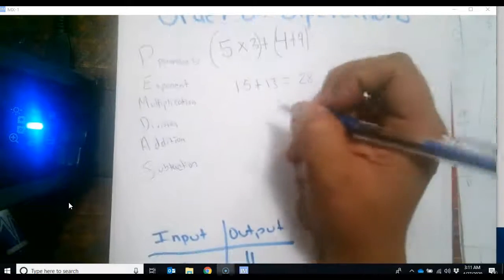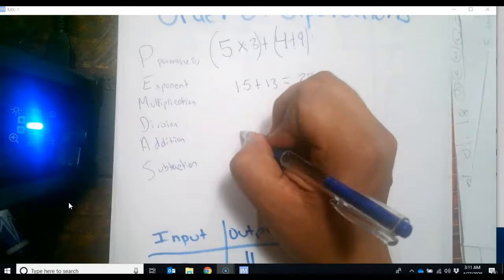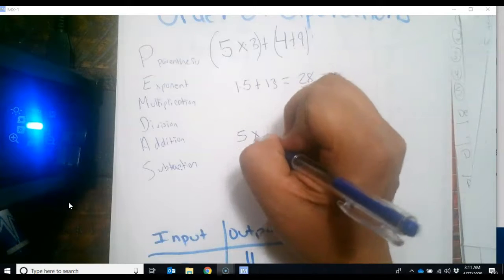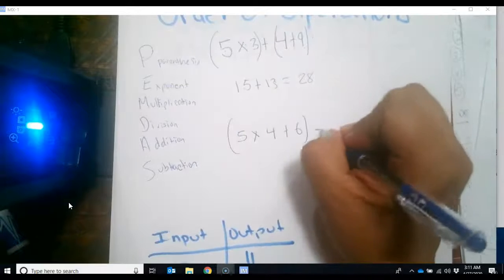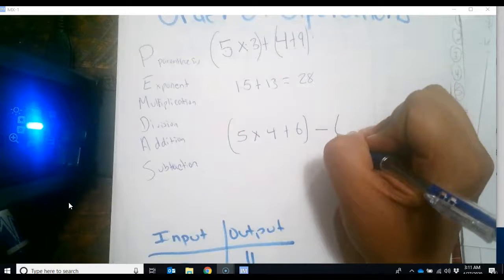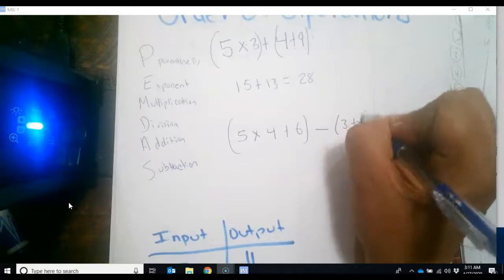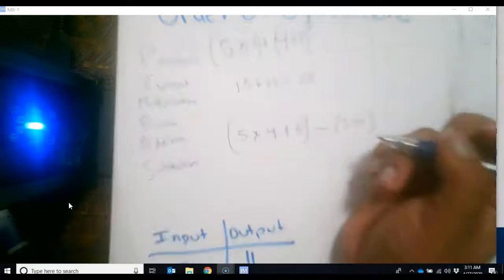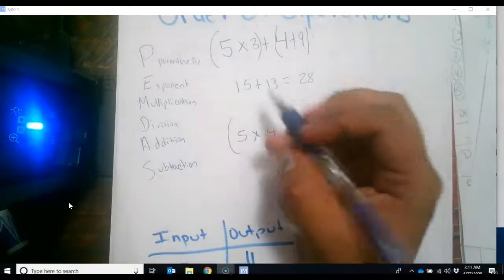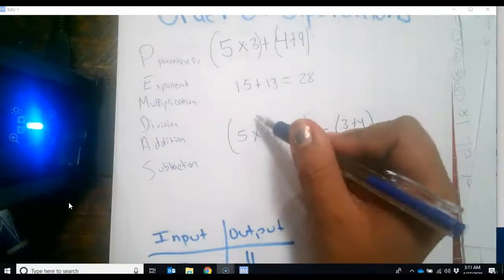Another example, let's try 5 times 4 plus 6 minus 3 plus 4. Okay, let's see how that works. Now, I'm going to do parentheses first.